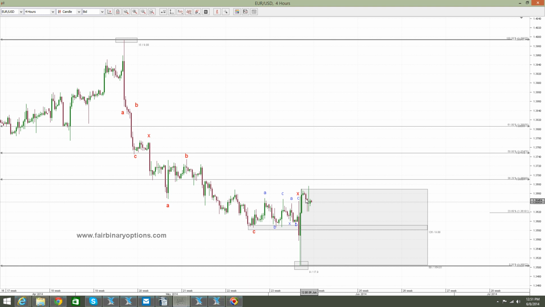So for this week, I would like to buy call options every time price goes into this area here. So to have something like a dip to the downside, and this to be the B wave only. So this to be wave A, and this to be the B wave to the upside, on a spike here higher.